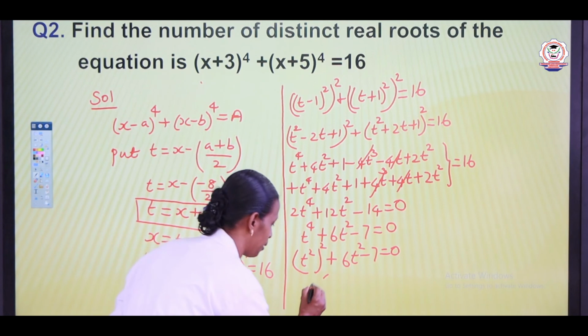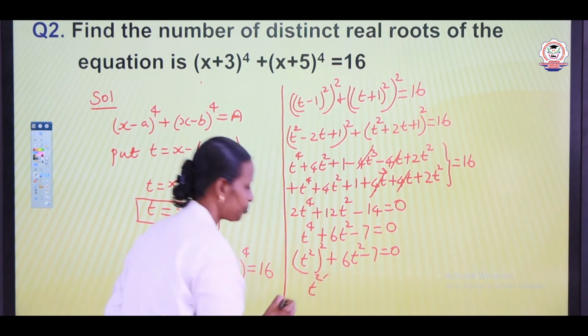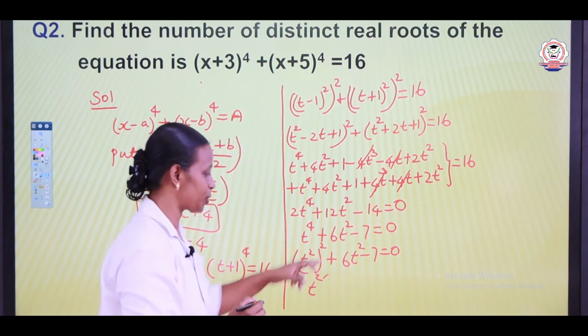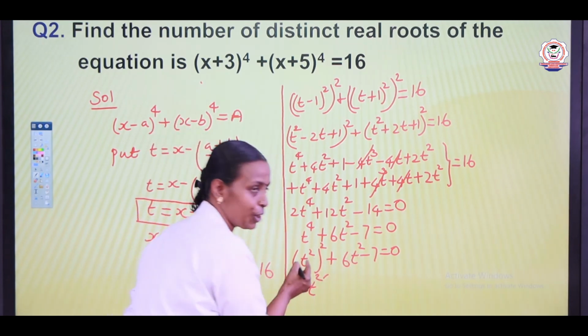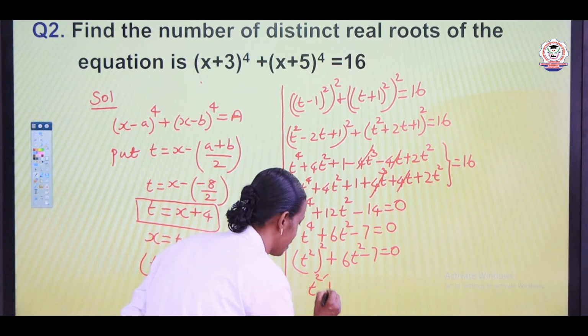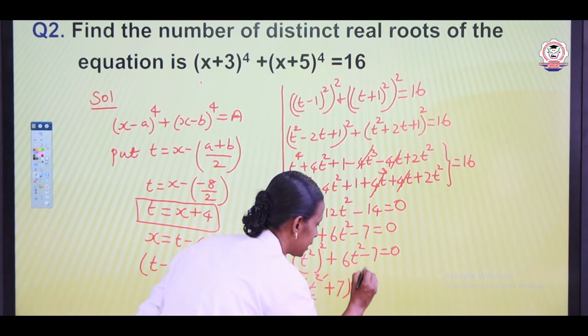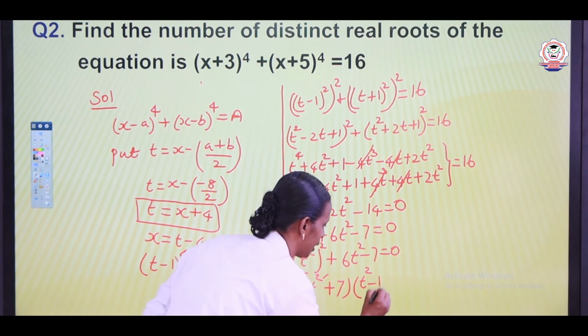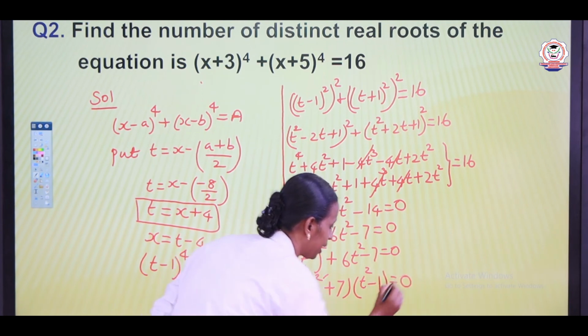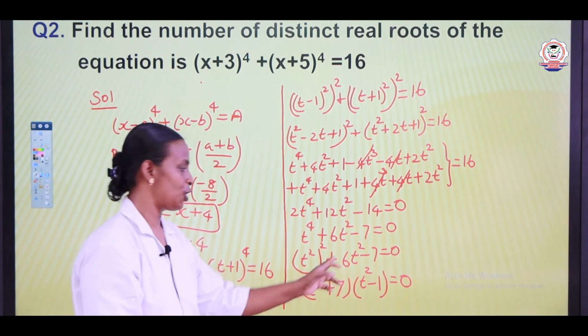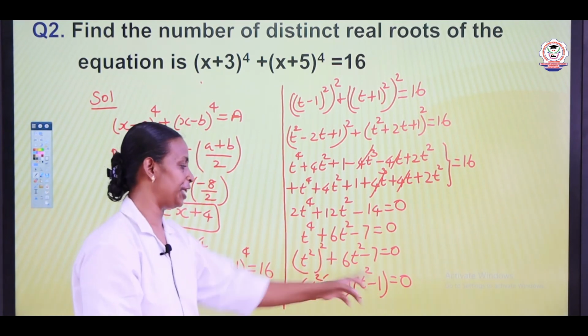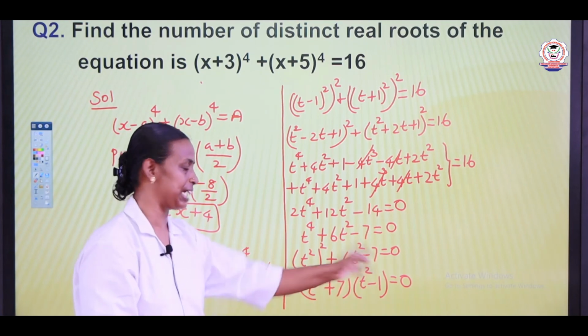Yes, that is nothing but (t square) the whole square. So you have to write (t square plus 7)(t square minus 1) equal to 0, because you have to multiply these two values, means plus 7 minus 1, so plus 6t square, and 1 into 7 with plus into minus, minus 7.